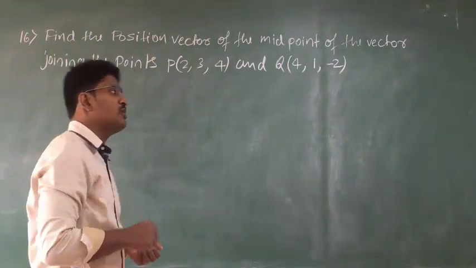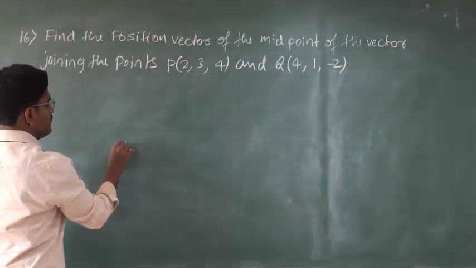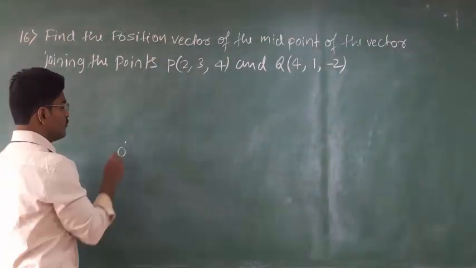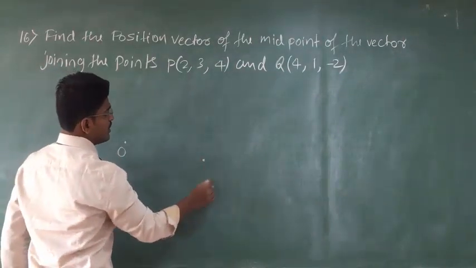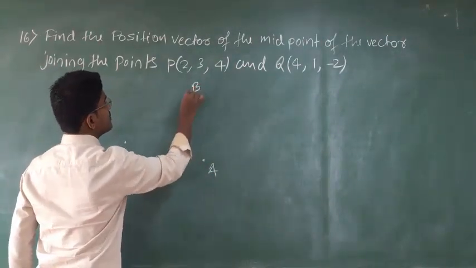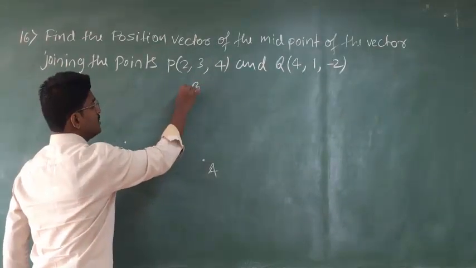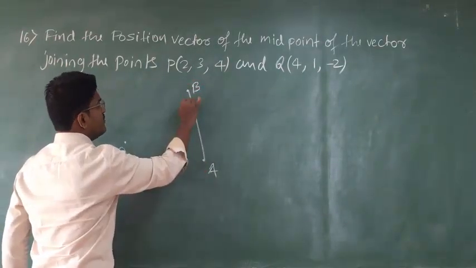What your section formula tells: see here, if O is the origin, and A and B are the two points, then AB will be the vector.